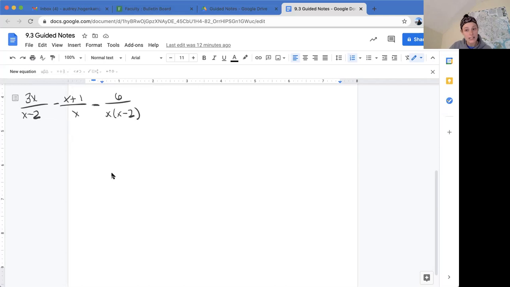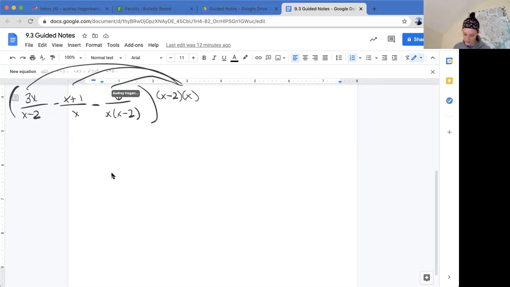And our least common denominator has to account for each factor that you see in your denominator to the highest power. So if I'm looking at my denominator, the two factors that are seen are x minus 2 and x. So that is going to be my LCD, and I'm going to multiply it by each term in my equation.